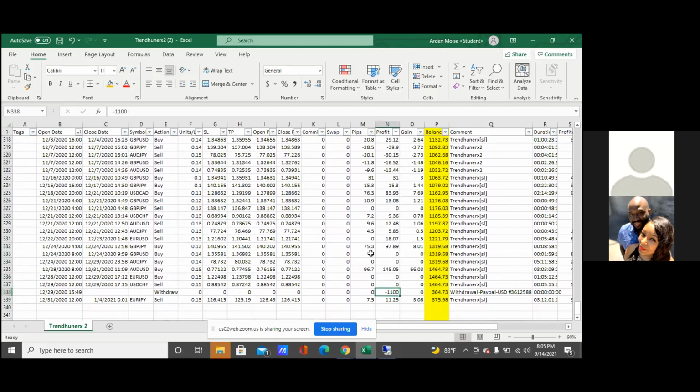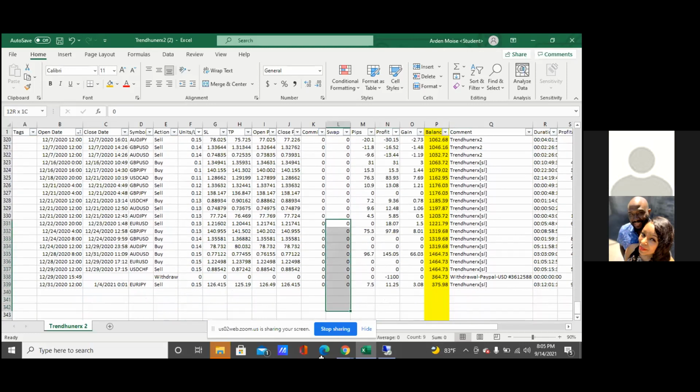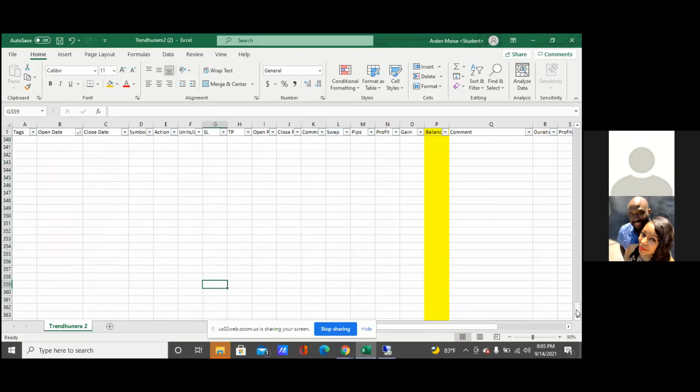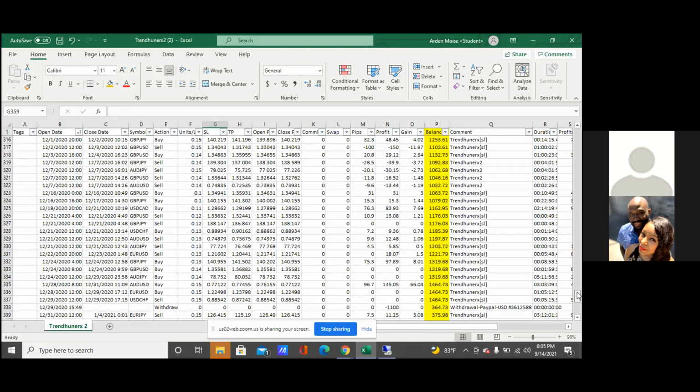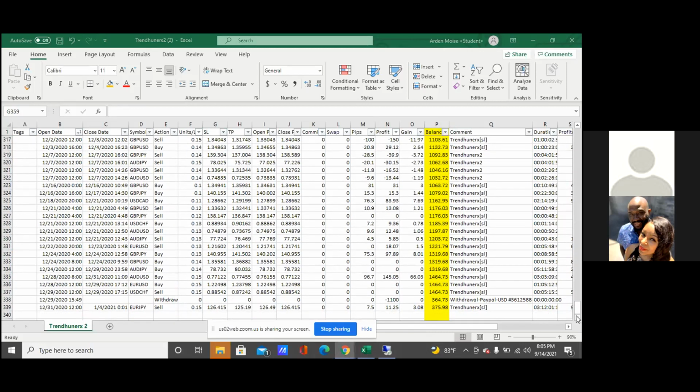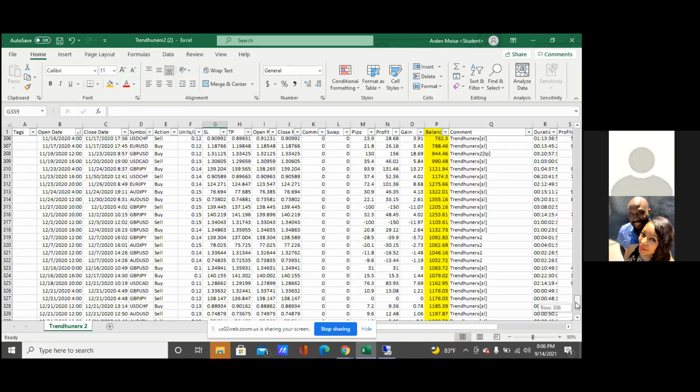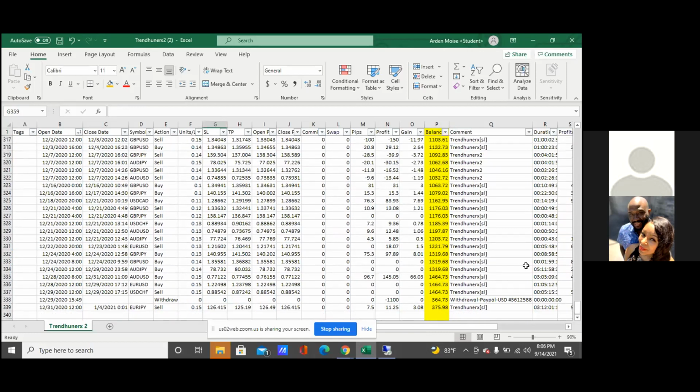The first version did not have the parameters that we have with TrendHunterX 2, which is a stop loss and a trailing stop loss as well. And the preciseness of this particular version is a lot better.